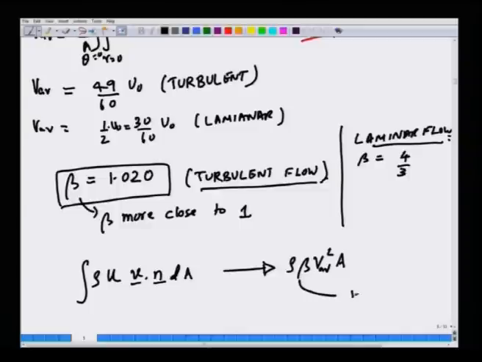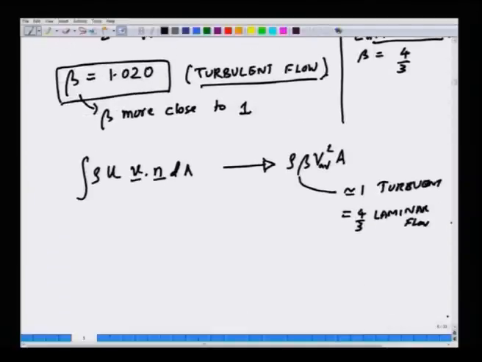So, we can use beta to be approximately 1 for turbulent flow, and beta is exactly equal to 4 by 3 for laminar flow. Okay. So, this is the advantage of using the momentum correction factor whenever you have internal flow through conduits such as flow through pipes and so on.